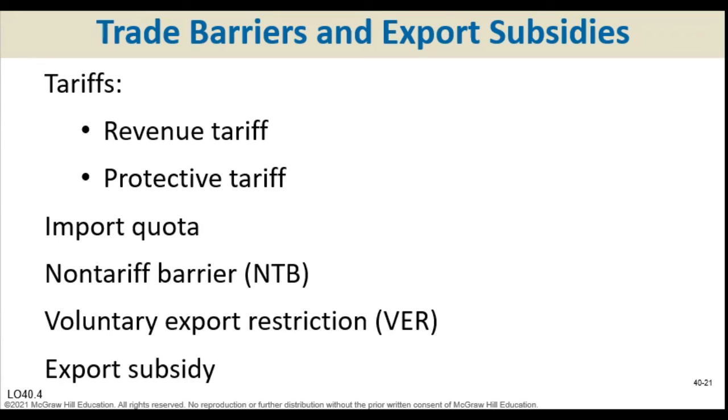In doing so, it will enable the producer to compete more efficiently against imported goods. So we see some illustration of that as well.